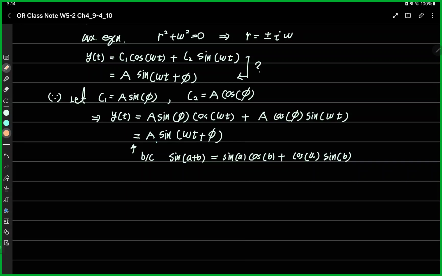Now you see the amplitude of the wave will be determined by this one, right? So that A is called the amplitude of the motion. It makes sense, right? And then phi will determine the phase, so this is called the phase angle.